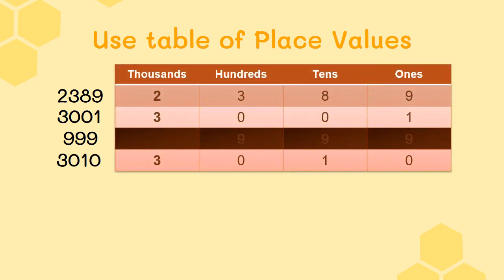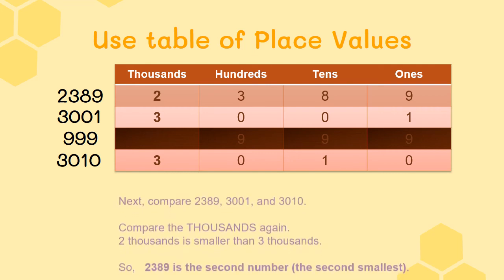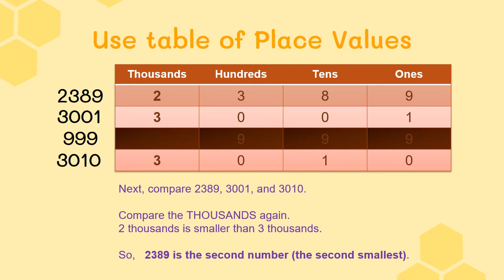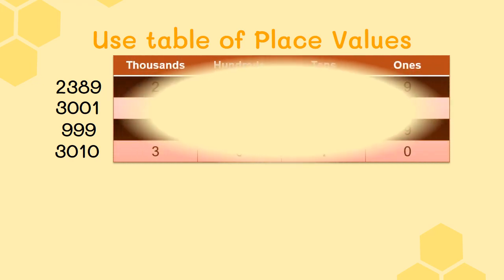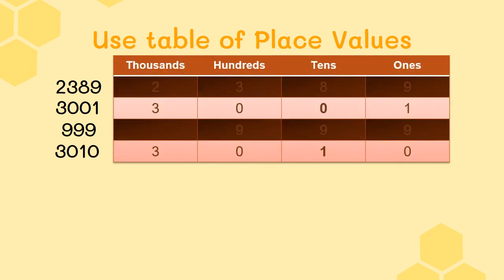Then we compare the thousands again. 2, 3, and 3. 2,000 is smaller than 3,000. So 2,389 is the second number, which is the second smallest. The second number in order. Now we only have 2 numbers left. 3,001, 3,010.